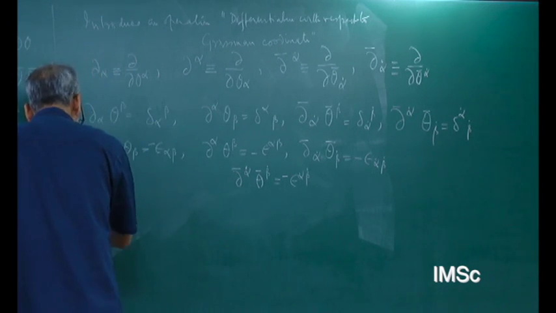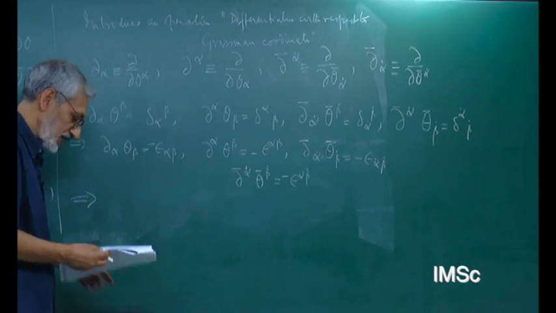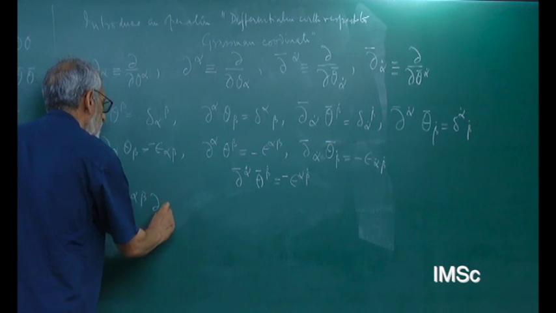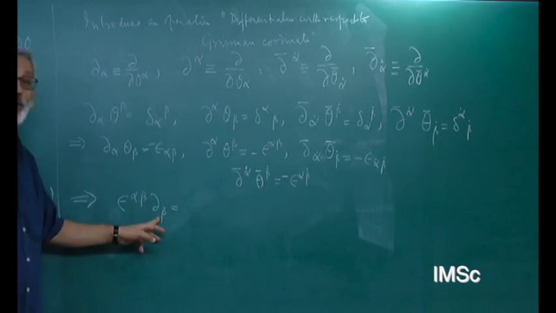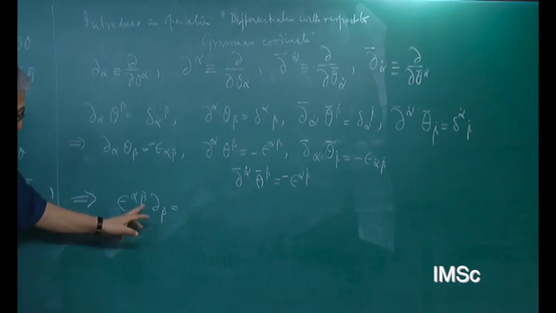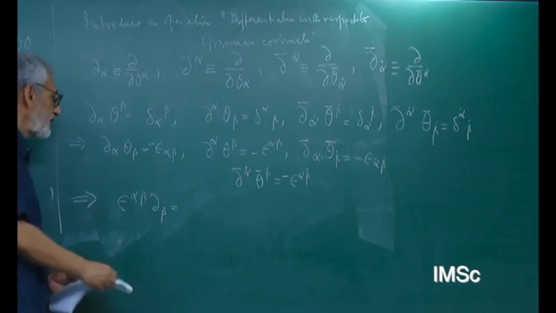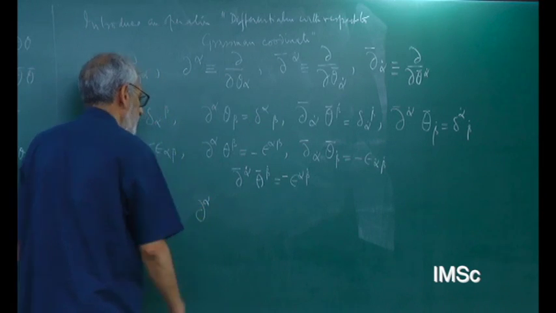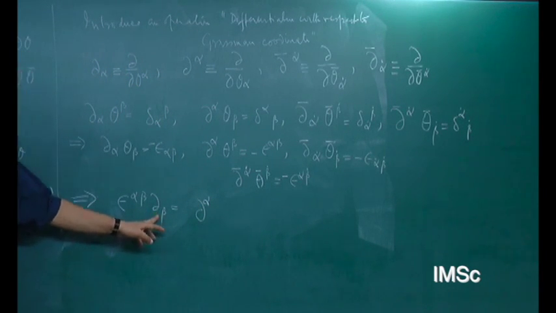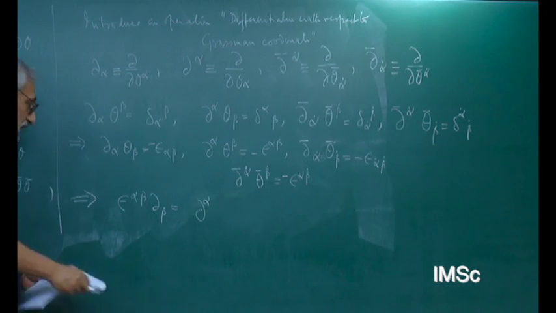This property implies a rule for raising and lowering the spinor indices on the derivatives. How do I do it? This is the same as delta alpha. But this is the rule if they were ordinary spinors. Given these properties, there's an extra minus sign.